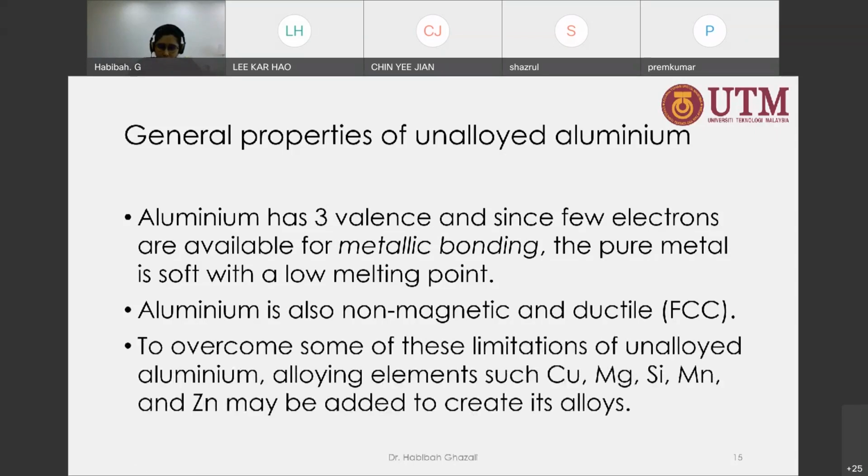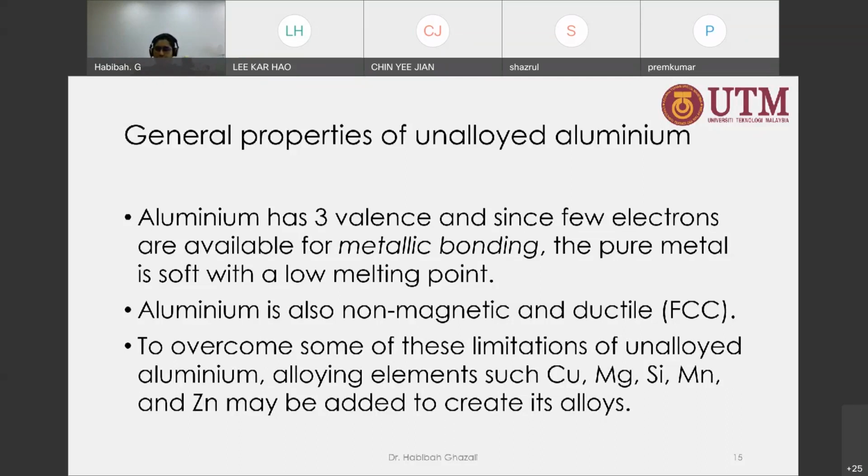So the ductility can be a limitation, because if we want a stronger material, we need the material to have higher strength and hardness. So we can overcome this ductility by strengthening mechanisms through alloying elements.